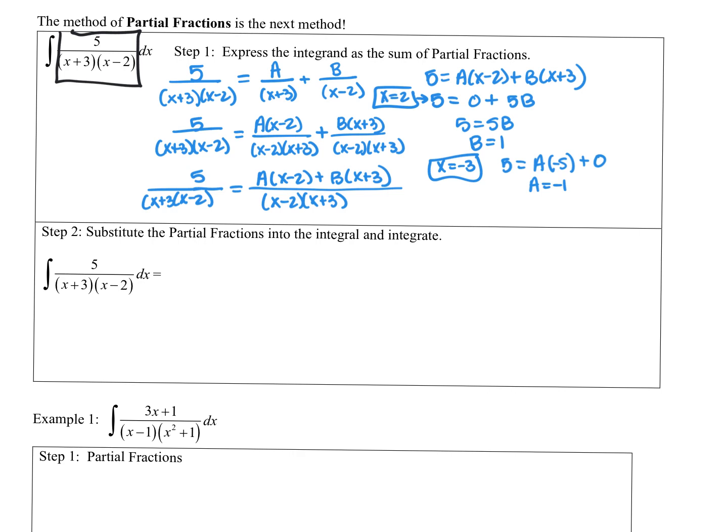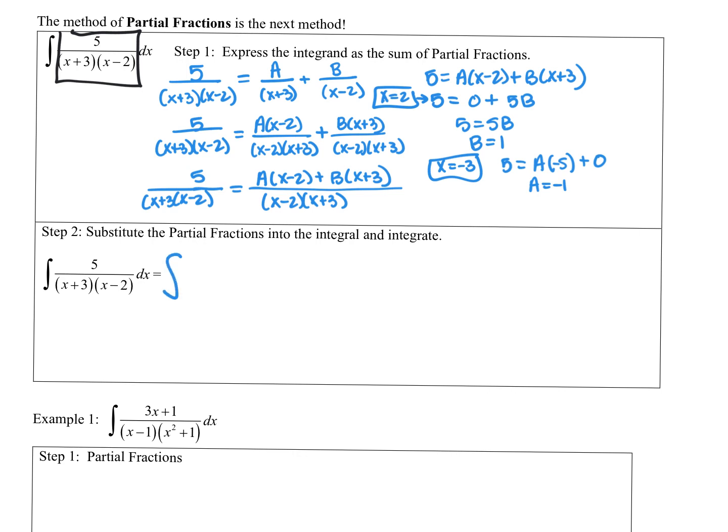So that is your method of partial fractions. You have found that this fraction here breaks up into 2 fractions. -1 over X plus 3 and 1 over X minus 2. Okay, so that's the method of partial fractions. And so what we're going to do now is do the calculus. So we're going to use this method to turn this integral into a whole new integral.